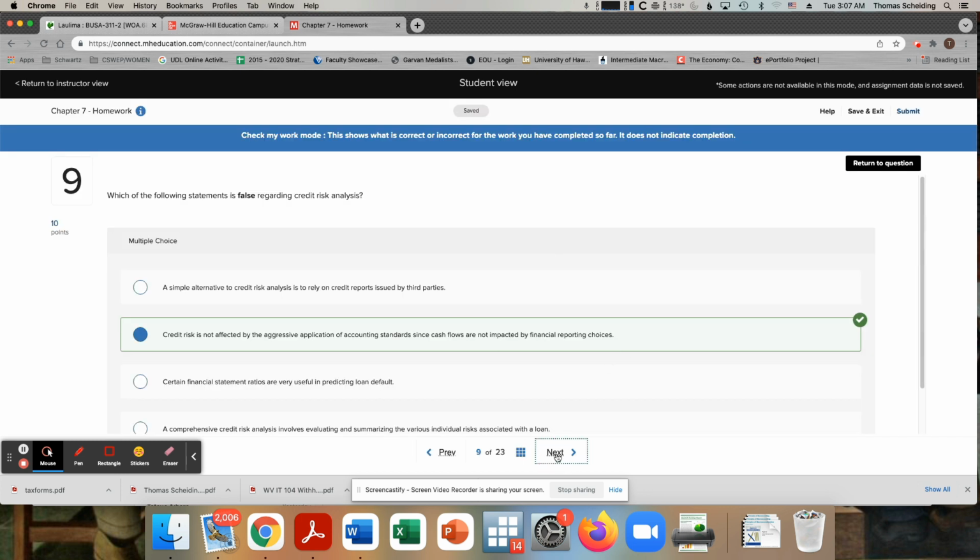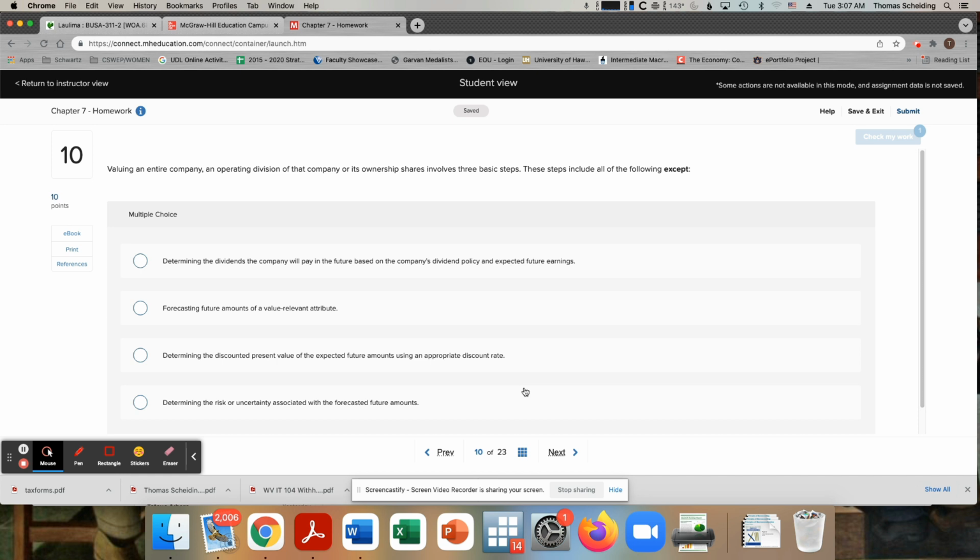And that is, in fact, the case. Valuing an entire company, an operating division of a company, or ownership shares involves three basic steps. These steps include... this is definitional as well. You just have to know what these steps are.